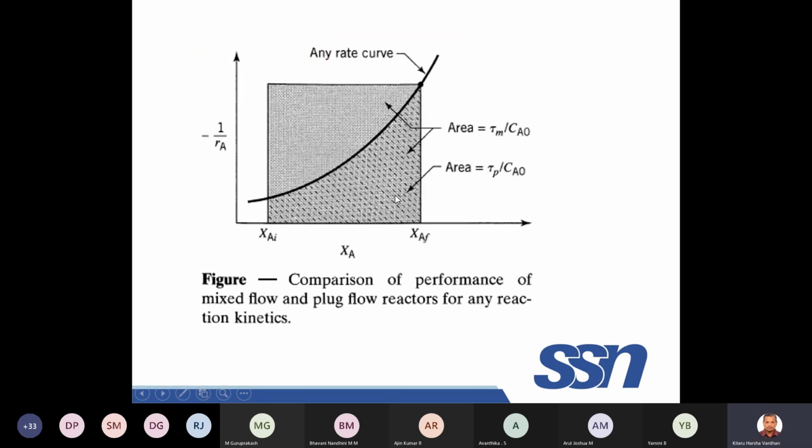So it's not that a plug flow reactor will always give you less volume. Instead of one big plug flow reactor, you can have a combination of reactors so that your volume is still reduced. That is what I tried to show in the previous one.